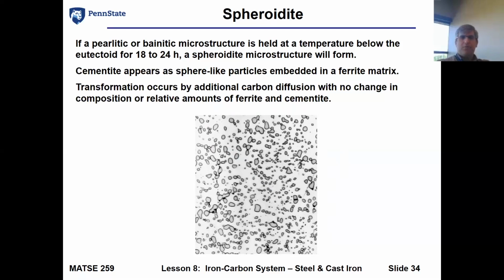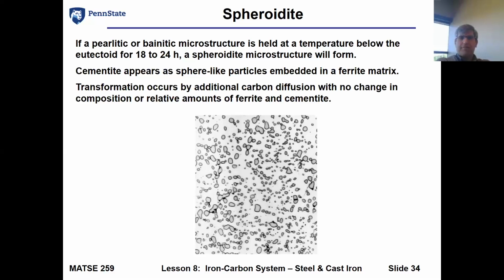What it is: if you hold a perlitic microstructure at a temperature near the eutectoid, so near that 727 degrees C, for an 18 to 24 hour period, what's going to happen? At that point, there's still a little bit of the driving force from the volumetric free energy change that we had talked about.